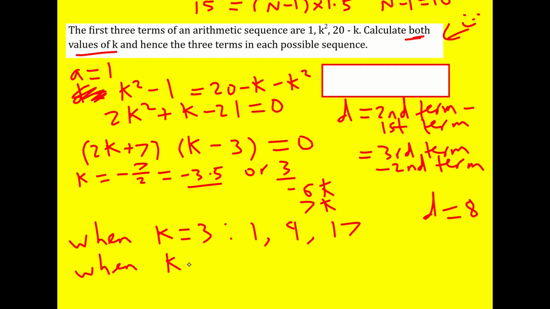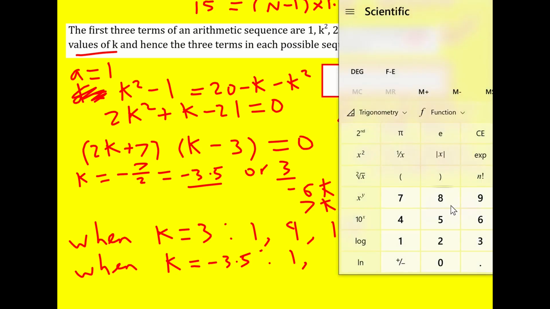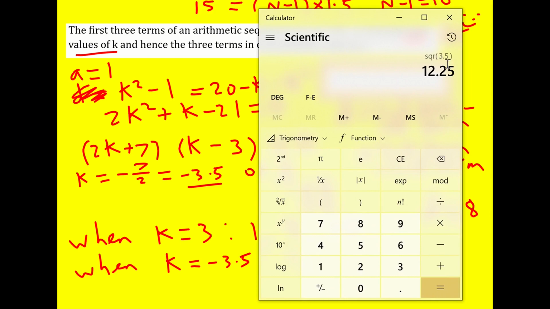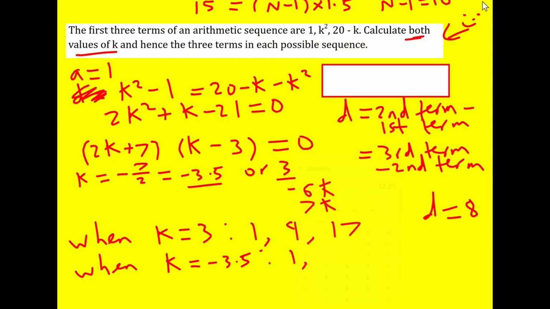When k is equal to minus 3.5, we're going to get 1. Then we're going to get, I did this question earlier and I wrote it down. I think I did it on a calculator. So if I square minus 3.5, I get 12.25.